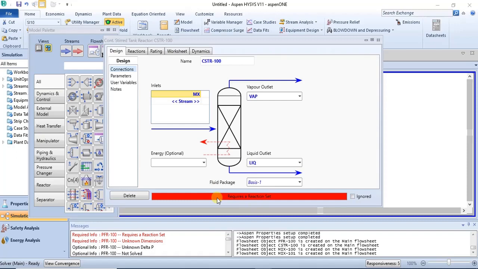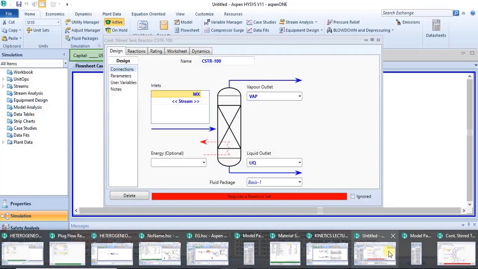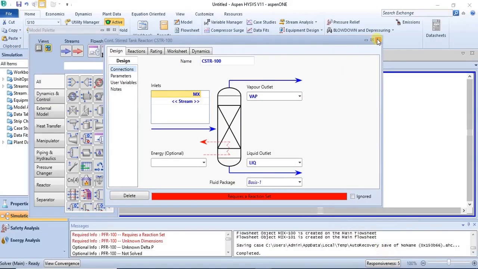But before we go to the reaction set, the question said something. It says model a CSTR and PFR whose temperatures and pressures are 50 degrees Celsius and 101 kilopascal. So we have to find a way to incorporate these two conditions.